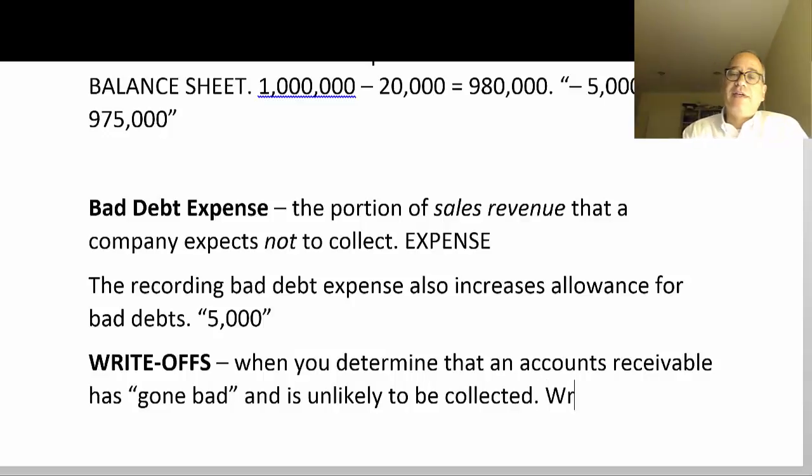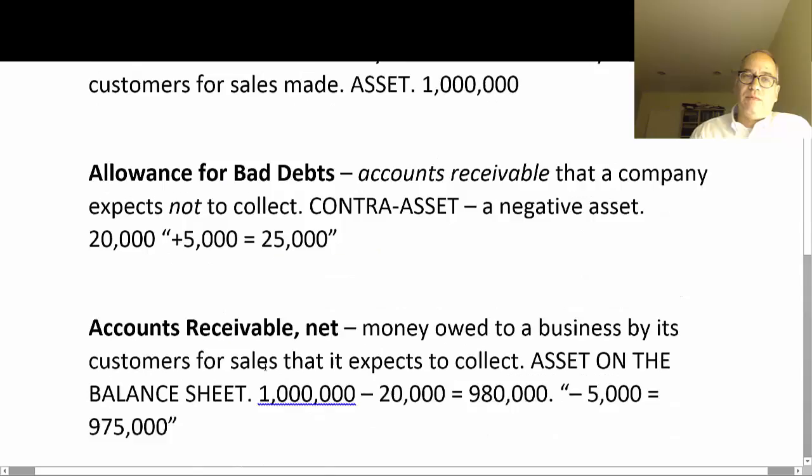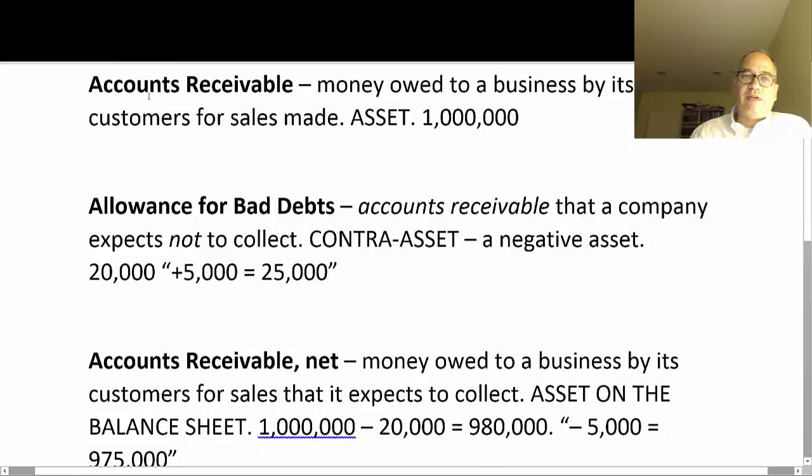And what will happen is that write-offs reduce the allowance for bad debts and accounts receivable. So a write-off would reduce both this figure here, accounts receivable, and the allowance, each of them. So what would happen is, since one is subtracted from the other anyway, it wouldn't make a big difference.